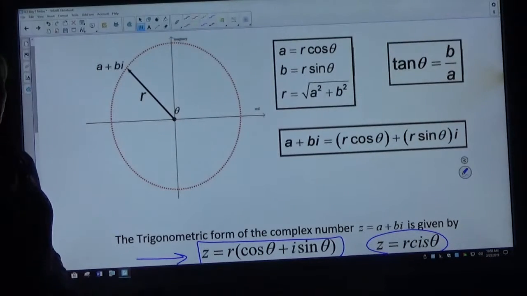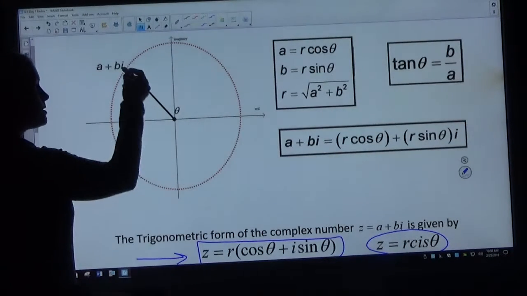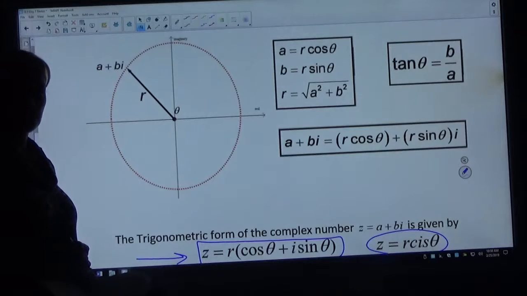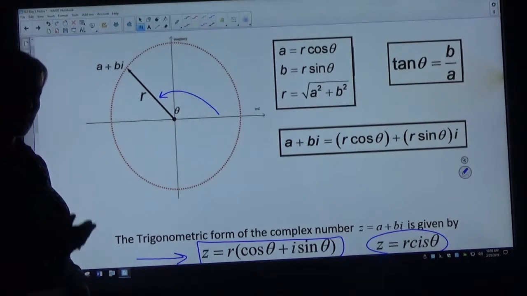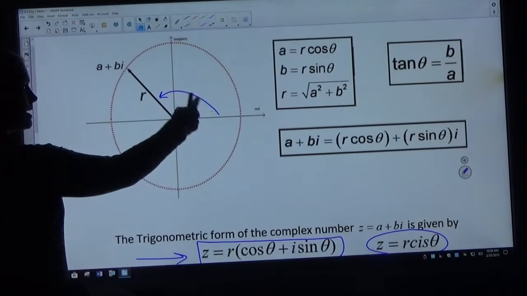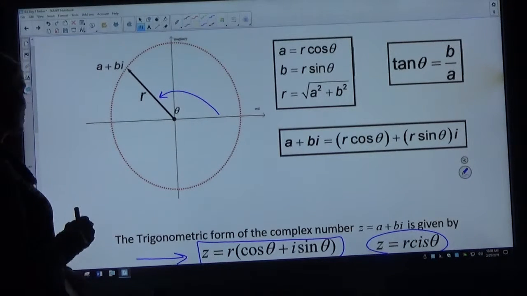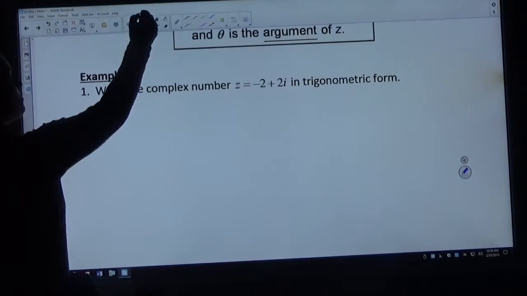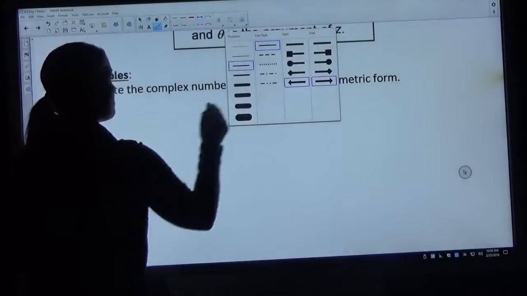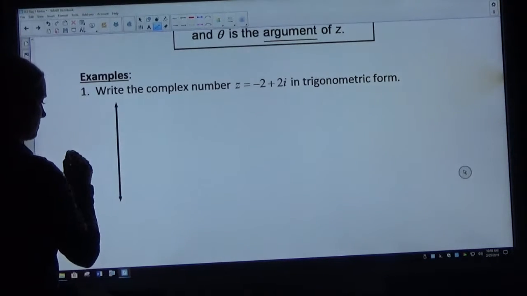To find the r, I'm going to use the Pythagorean theorem once I sketch. And to find the angle, I'm going to use some of the trig ratios and things I've known in the past to get me that angle and location. So let's jump right into a problem. Step 1 to convert is to get myself my r value.